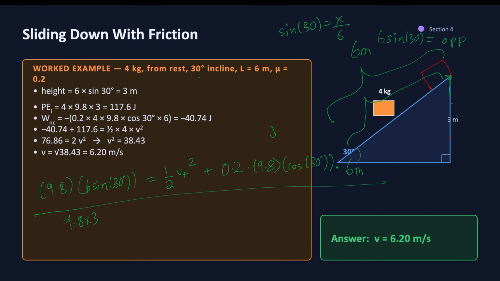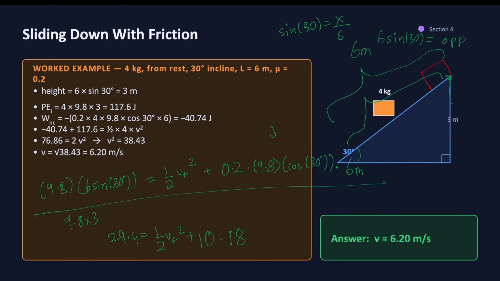Or just 29.4 is equal to 1/2 v final squared plus 0.2 times 9.8 times cosine 30 times 6, or 10.18. So I subtract that from 29.4, right?